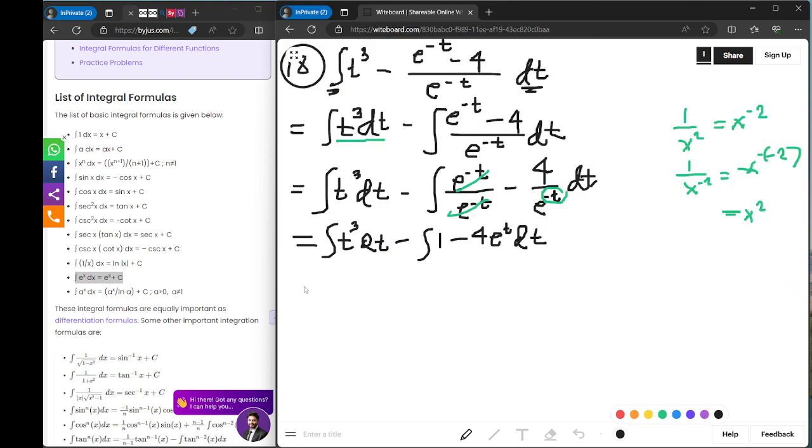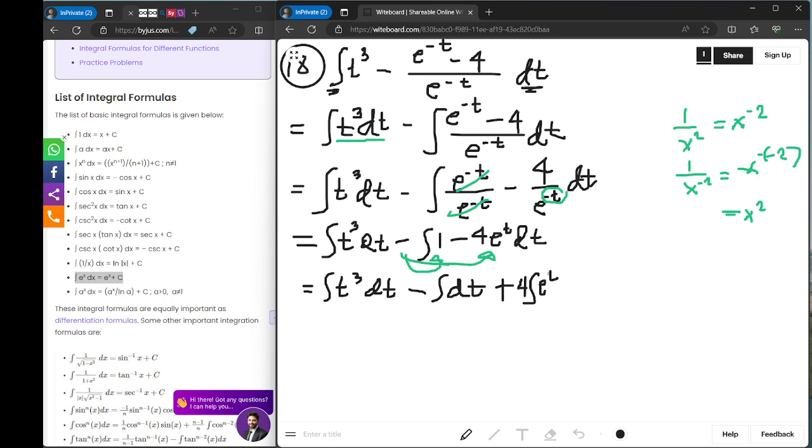But let's just distribute first the integral sign because we want to integrate them separately. So this would be this one, so that's minus the integral of 1 dt. Then this one here, so that would be negative and negative. That would be plus the integral of, so let's move out 4 since it's constant, for e to the t dt.